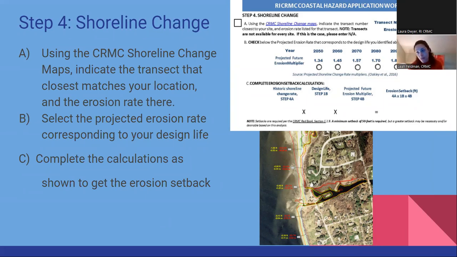All of that information can be found on the shoreline change maps, again, on the CRMC website. So select the projected erosion rate corresponding to your design life. If you're on the 30-year track, you just add that to the current year and you'll see your future erosion multiplier, and then complete those calculations as shown to see what your erosion setback would be.